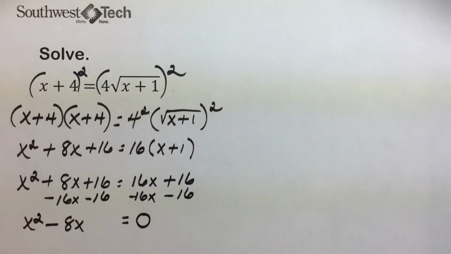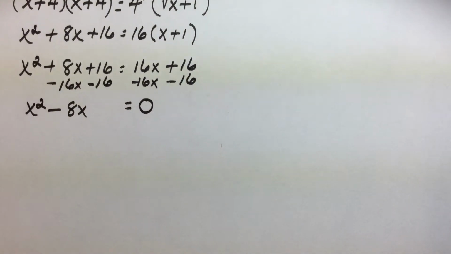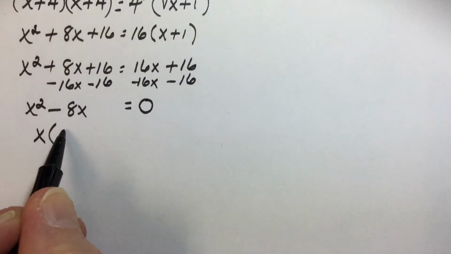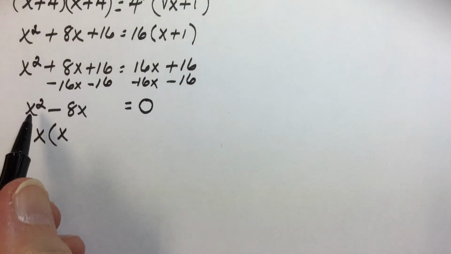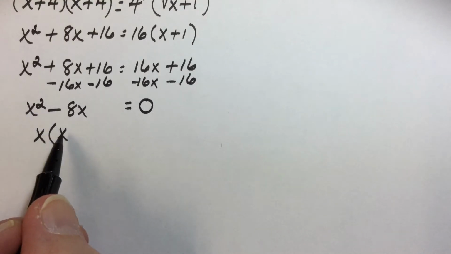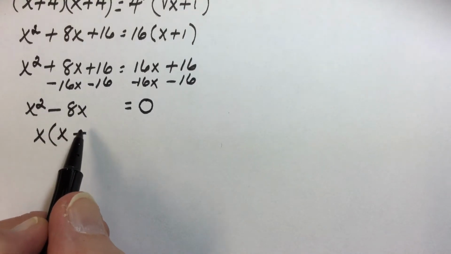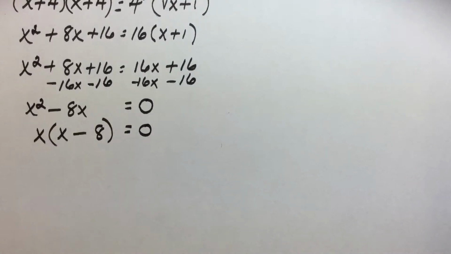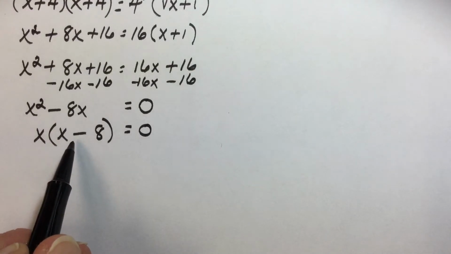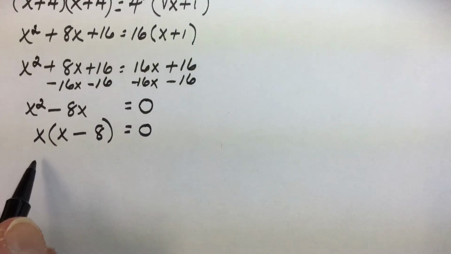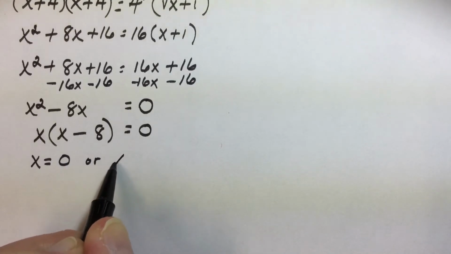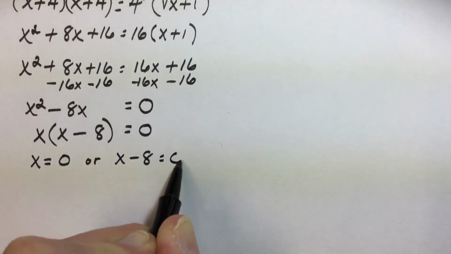To solve this quadratic equation, let's factor. There's a common factor of x, and when factored out, in other words, we're dividing, x squared by x leaves an x, 8x divided by x leaves an 8. And then using our zero product property, when two things multiply together to equal 0, one or the other must equal 0.